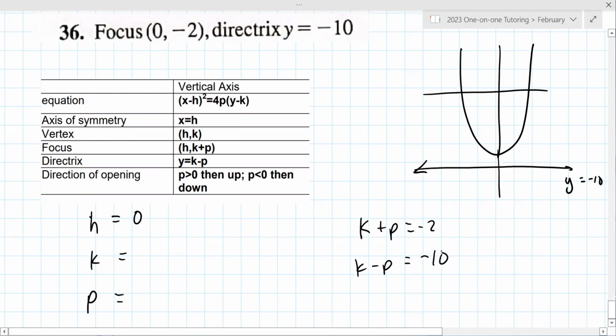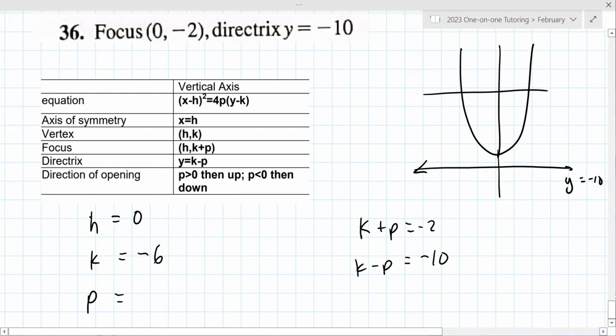Just be careful with your signs. Okay. So then add together: 2K equals -12, over 2, K equals -6. Good. Keep going.